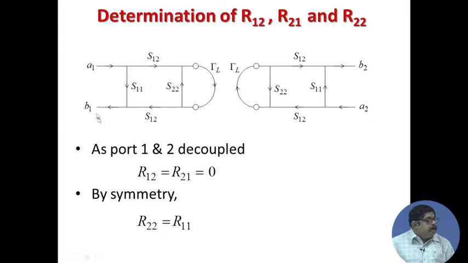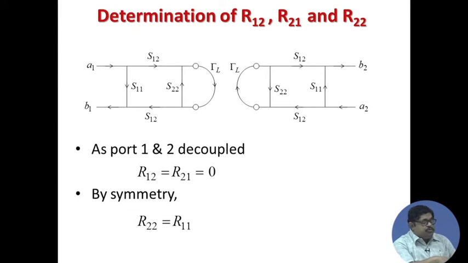Then as port 1 and 2 are decoupled, obviously we can say R12 and R21 are 0, because the signal flow graph itself is cut. So, no signal can come from 1 to 2 or 2 to 1. So, R12 and R21 will be 0 and the whole thing is symmetric.